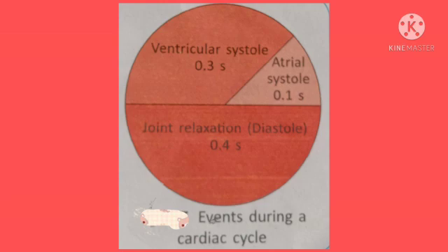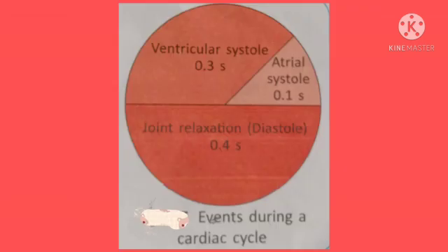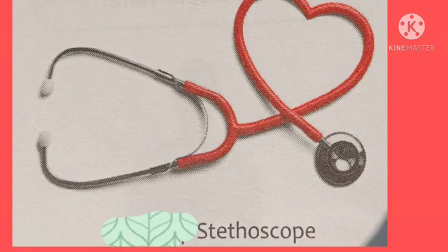The contraction of auricles produces a weak sound and a stronger sound is caused by contraction of ventricles. So the two sounds lub and dub are heard with the help of a stethoscope. A normal heart on an average beats 72 times per minute.